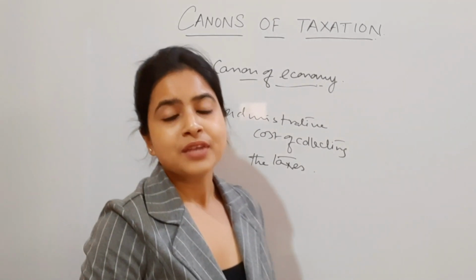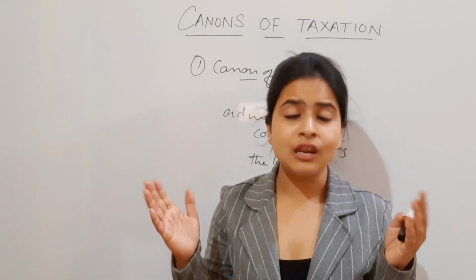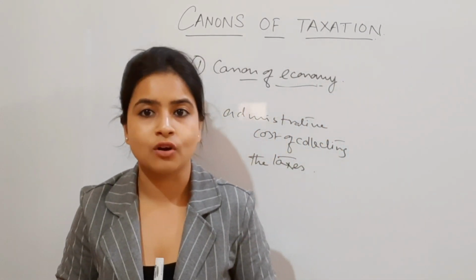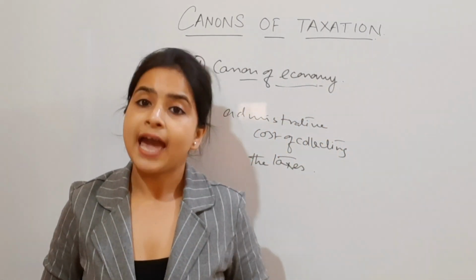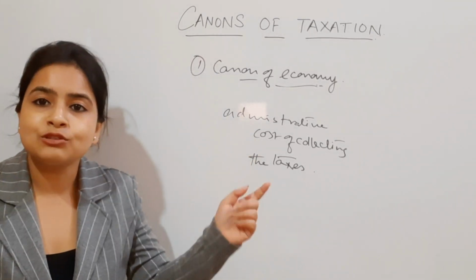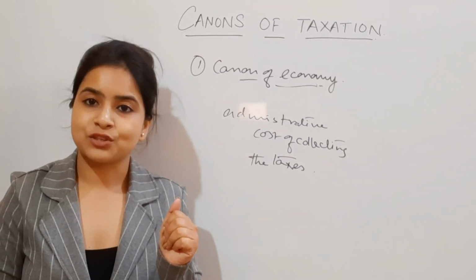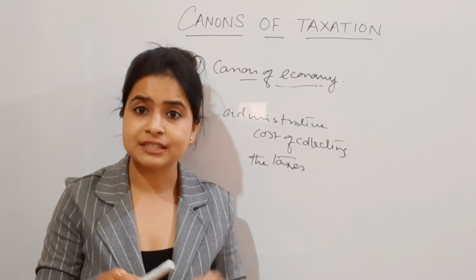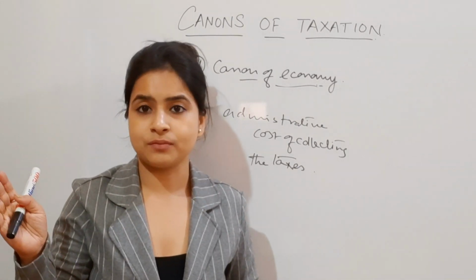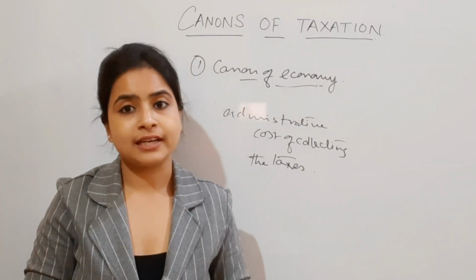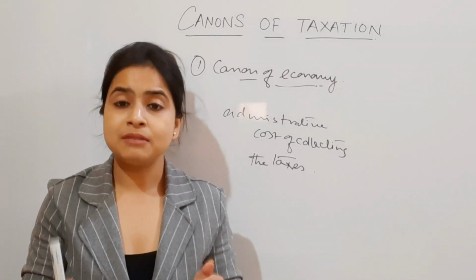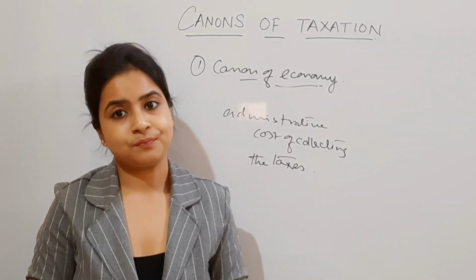For example, if there is a large amount of administrative cost involved in collecting any of the taxes, and it also includes unusual delays in the collection of taxes, then such type of taxes needs to be eliminated from the government list of collecting taxes immediately. This needs to be done.